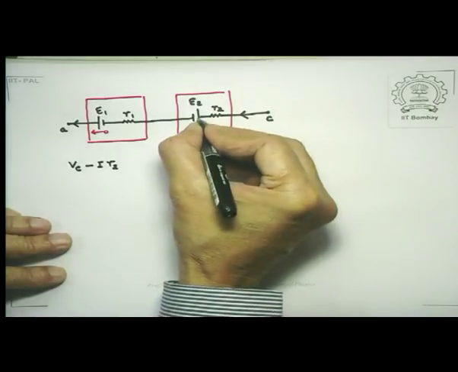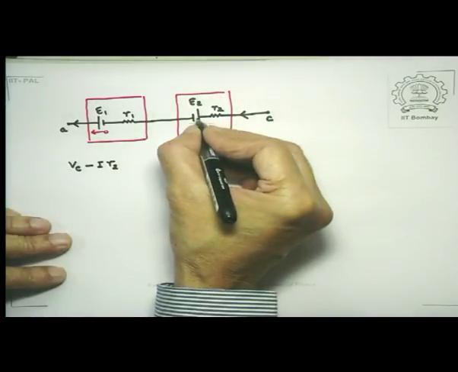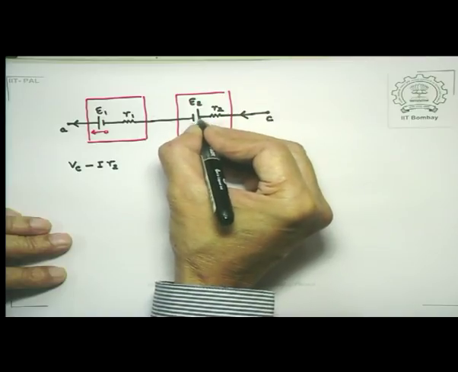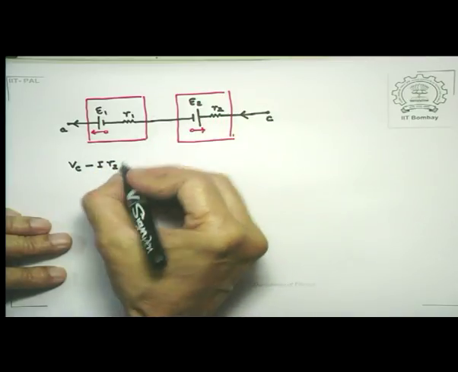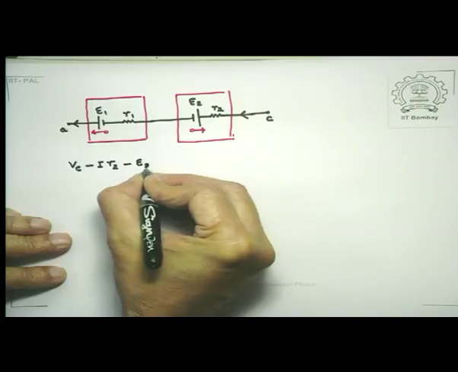Then I have a further drop because inside the battery I am going from positive terminal to the negative terminal. So minus E2.